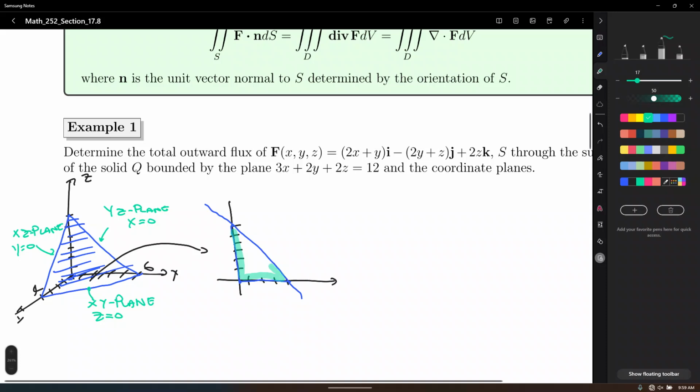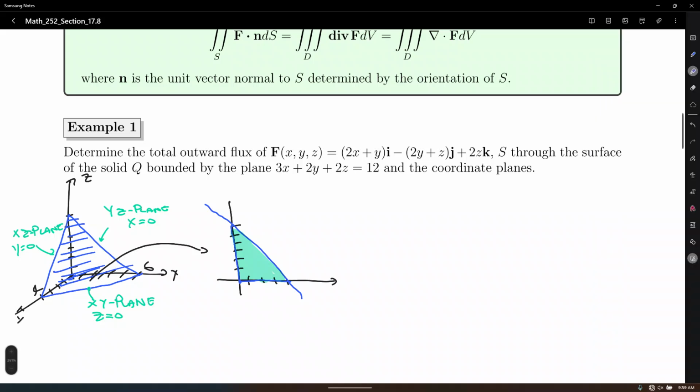Also, let's recall how we would calculate the flux outward on a surface. However, let's set up this problem using 17.6 techniques, what we wrapped up this morning.